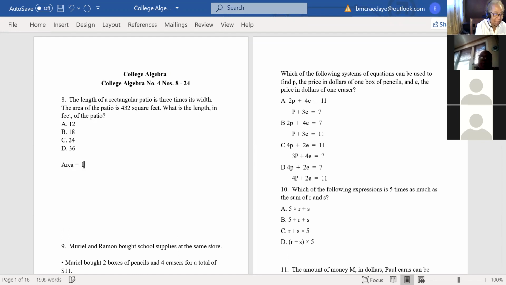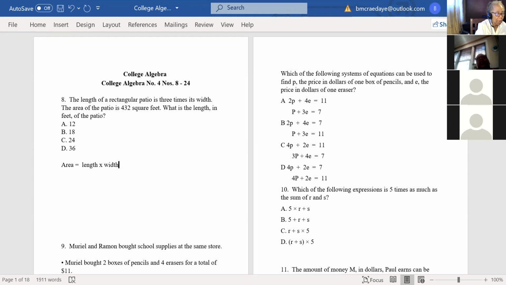Okay. Let's just spell it out, and then we'll put our letters in. Length times width. Just remember, area is a square, right?